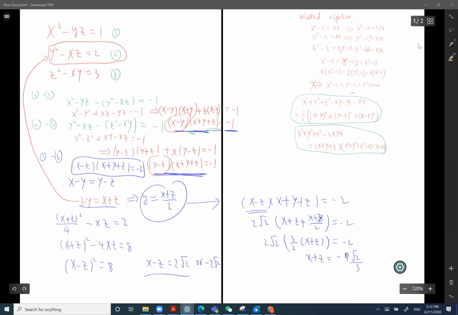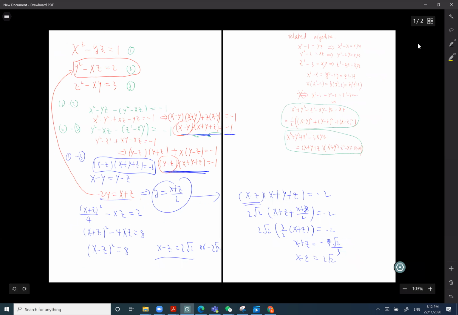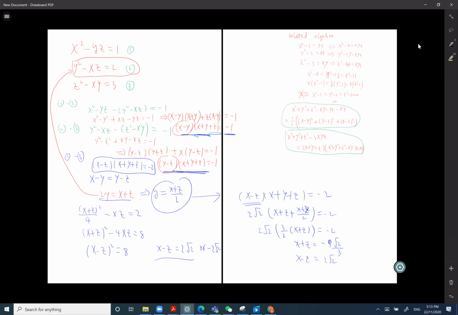Is that root 2 over 3? Okay, let's check. 2 cancelled, divided by root 2, so just root 2. Yes. In this case, x minus z equals 2 root 2. So you can solve x and z. Okay, that's how we work it out.